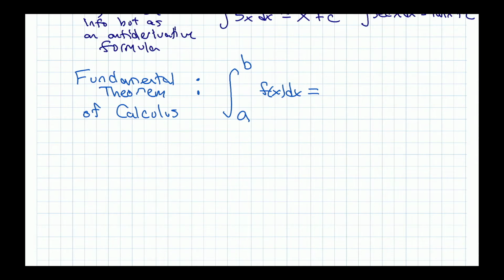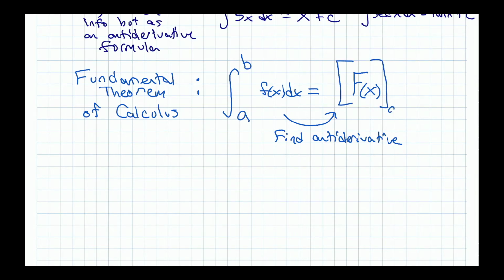What you do is you, number one, find an antiderivative, which we typically denote as capital F. And you want to evaluate that between a and b, which means the top number you plug into the big F, and the bottom number you plug into the big F. And that's the fundamental theorem of calculus.